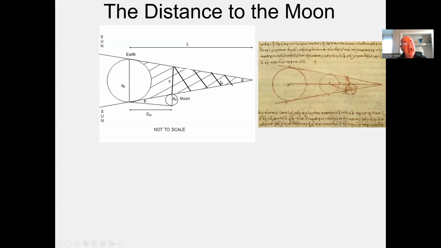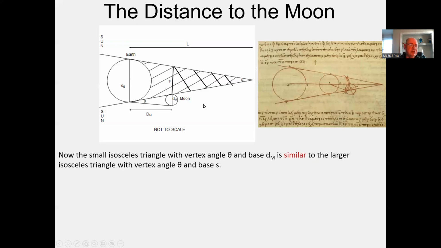We've measured this, and from the skinny angle approximation, we know that this is also a half a degree. These are two isosceles triangles with the same vertex angle, and therefore their base angles are equal, and therefore these triangles are similar. This small triangle here is similar to this larger triangle here, and we have proportional sides.